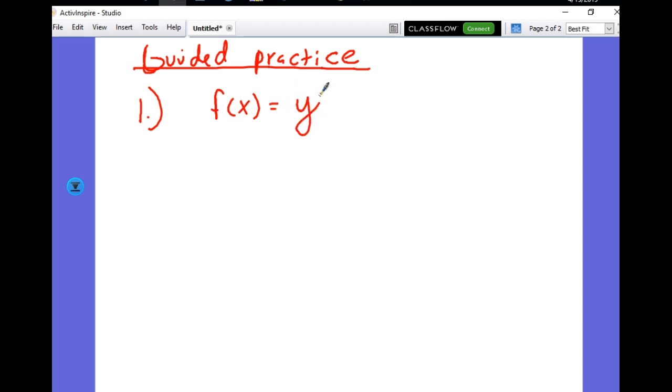All right, let's say that f of x, which is y, is rabbits. And let's say that the input x is carrots.